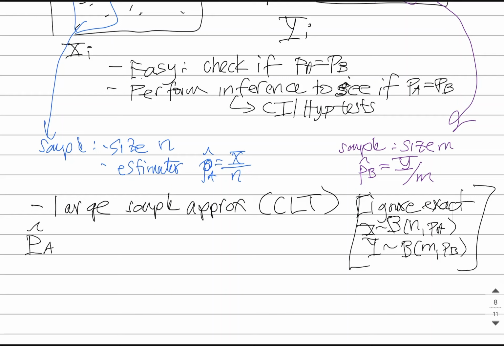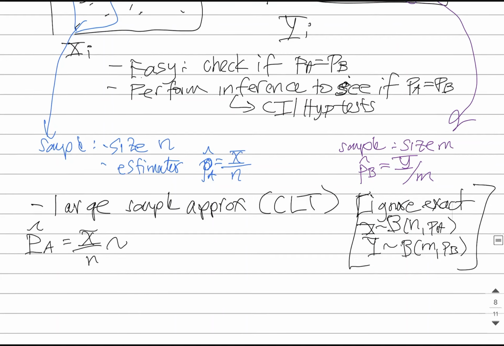So that means, as we talked about in the previous videos, that the sample estimator, which is x over n, for sample A will be approximately normal, centered on PA, and its sample variance will be given as such.